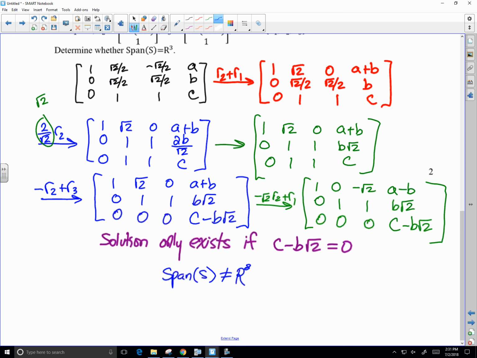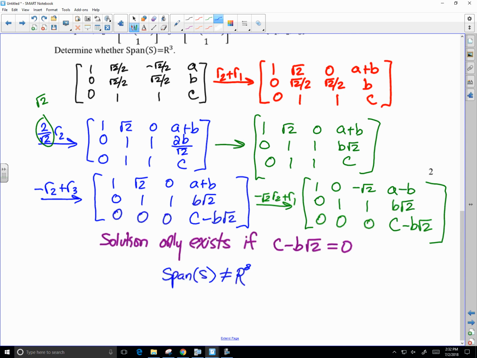And that's good news, because if you're looking for the case where it does not span, then you really only have to focus on the non-augmented matrix, just to see if there's a pivot value. If we want to see that it does span, the pivot value must occur prior to the last column.